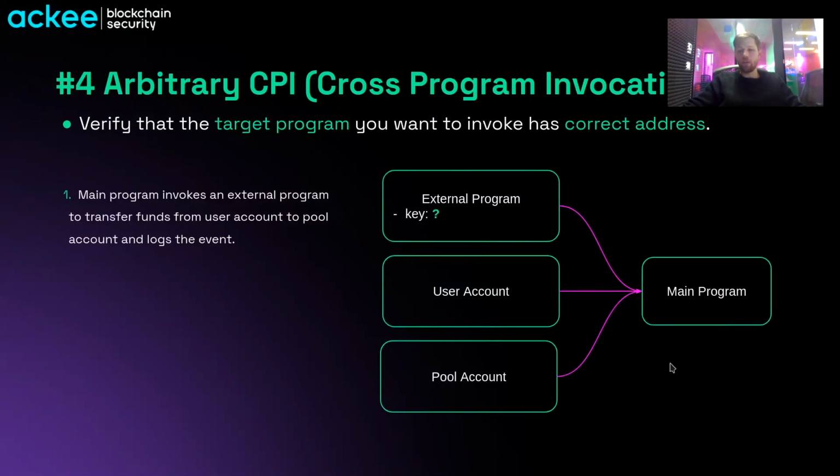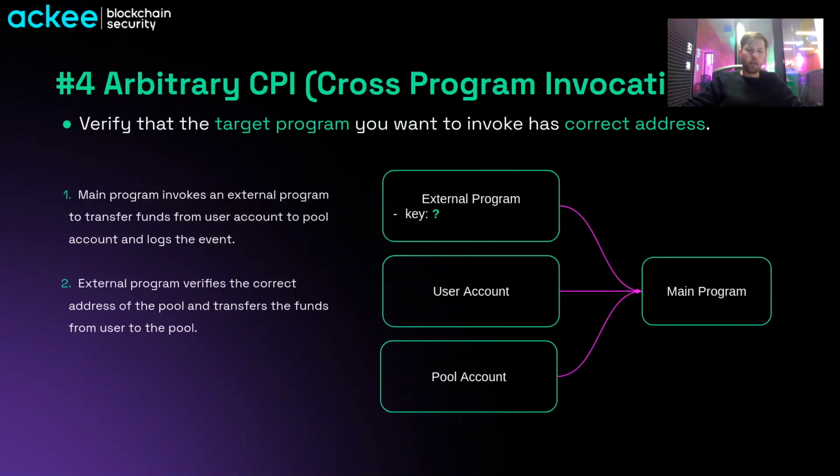And so the main program calls the external program, and once the external program successfully finishes its execution, then the main program will log that the user, for example, deposited some amount to the pool account. And again, for some reason, it's only the external program that verifies the correctness of the pool account address.